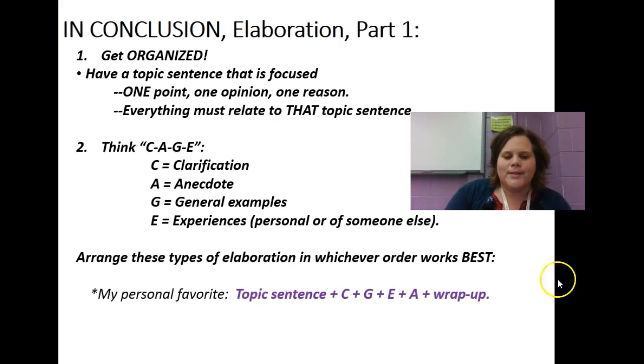My personal favorite is just to do a topic sentence and clarify it, give a general example, maybe talk about an experience, also give an anecdote from your own life, and then wrap it up. That right there will be a crazy great paragraph. That is elaboration like crazy, and the anecdotes would also help your style and your word choice and your tone, because you would be telling a story just like you would tell a story in normal life.